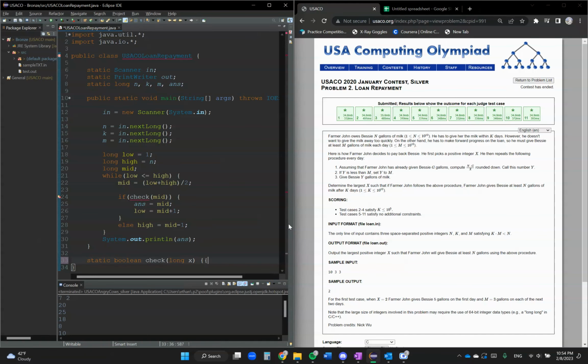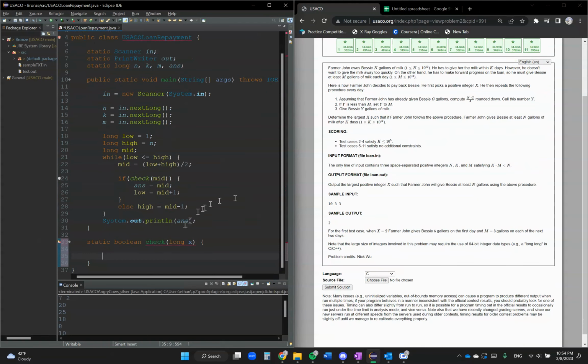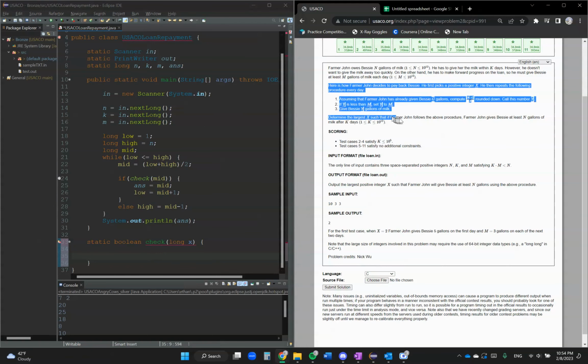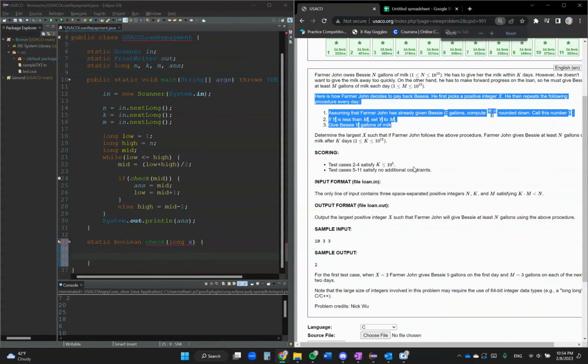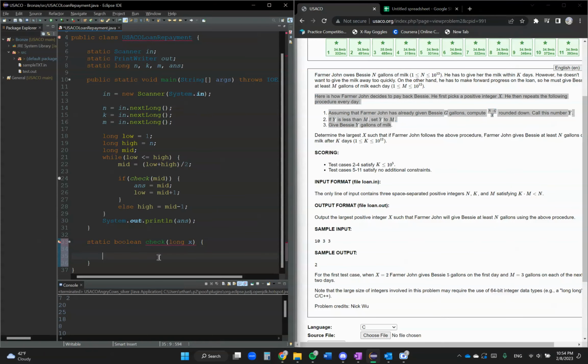I'm going to create a function where it takes an x and basically repeats this procedure that Farmer John has created for Bessie. And the thing is, what we want to do is maximize the efficiency of this function.